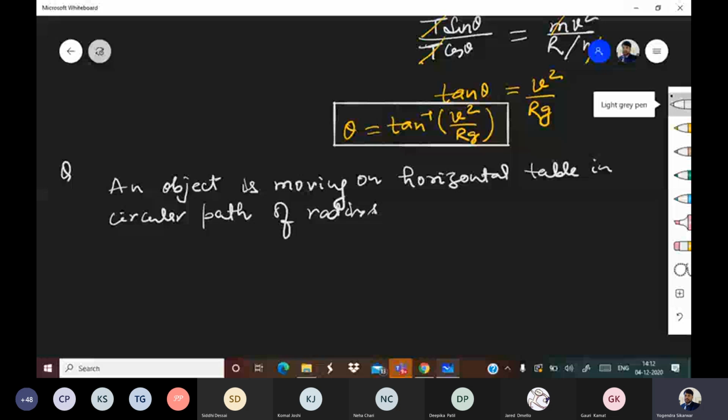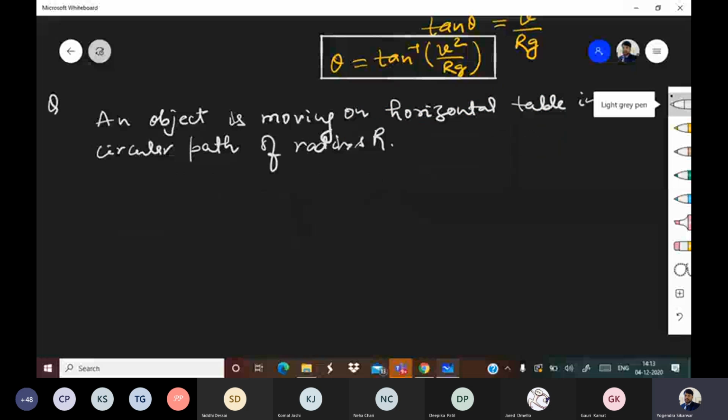Okay, so let me draw the diagram. What is happening? So this is a horizontal table, and the object is moving on circular path.